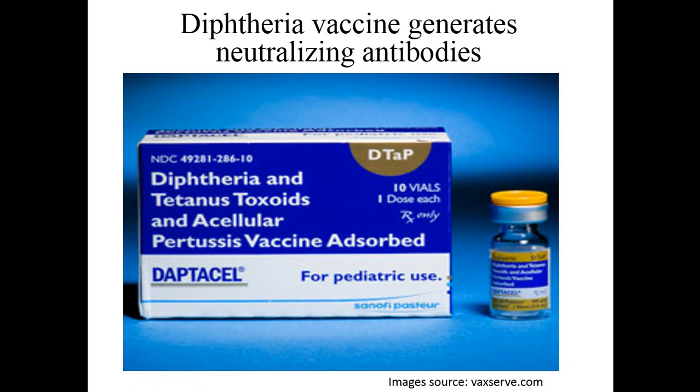Can neutralization happen for the entire organism? Like in these two cases that I mentioned, antibodies are binding to toxins, which are small molecules. Can antibodies neutralize the entire microorganism? Yes, if it's very small, and that means viruses.